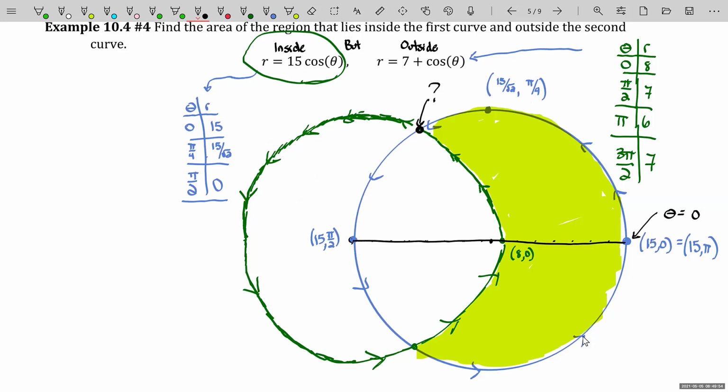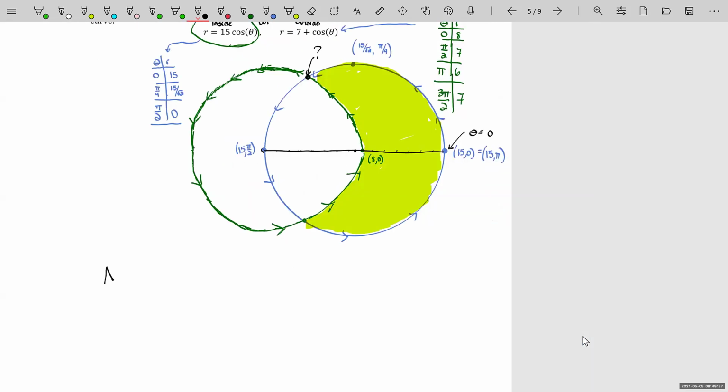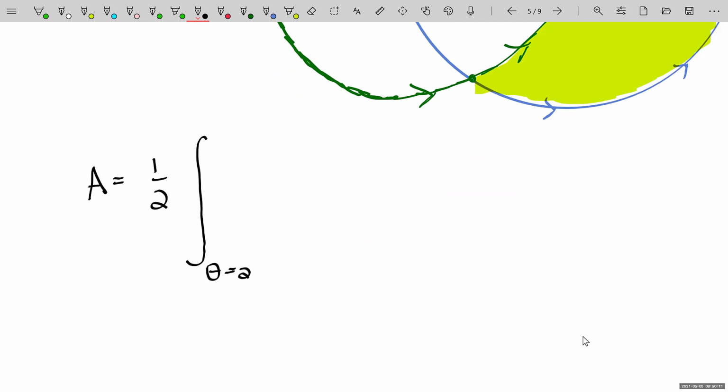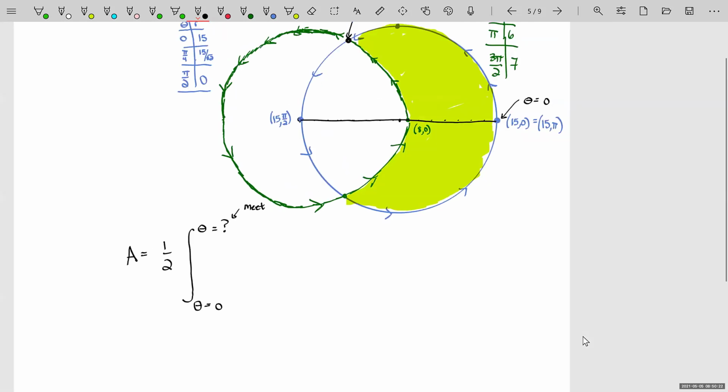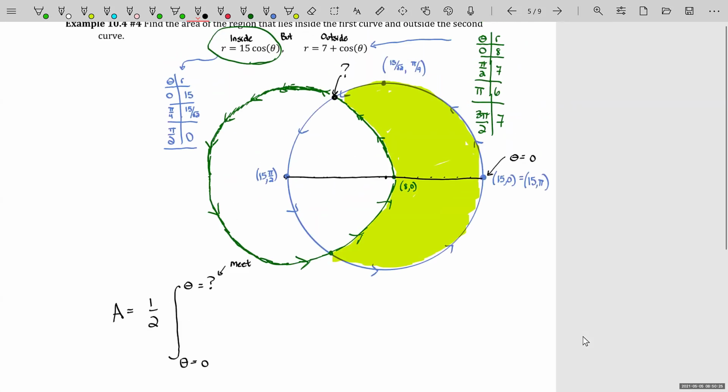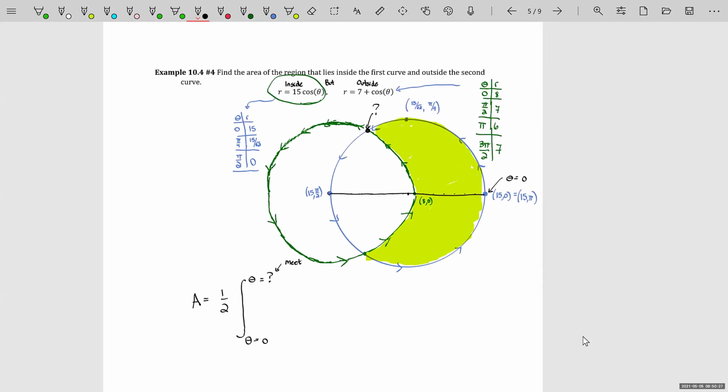So when I build this integral, which I will next class, the area is going to be 1/2 the integral of, I'll start at an angle of 0, and go to the angle where they meet. I will take the outer function and square it. The outer function is the 15 cosine of theta, so I'll square that.